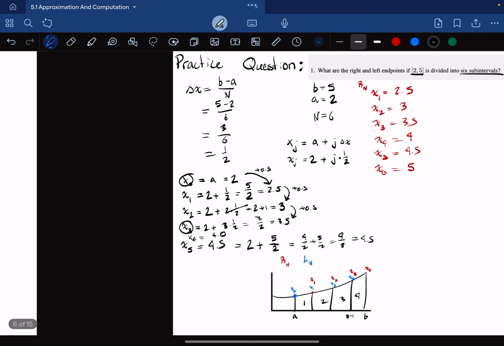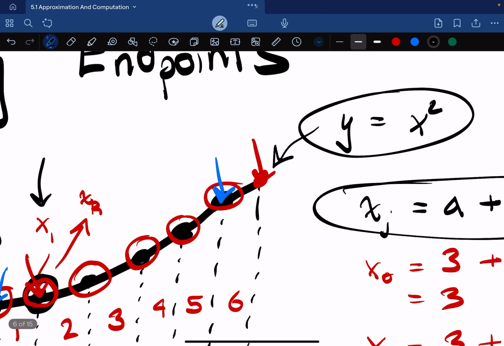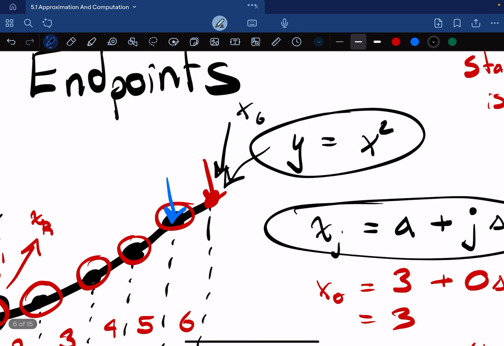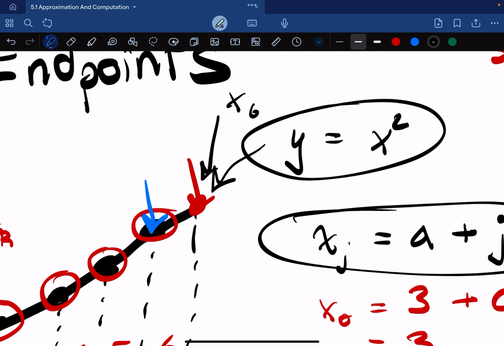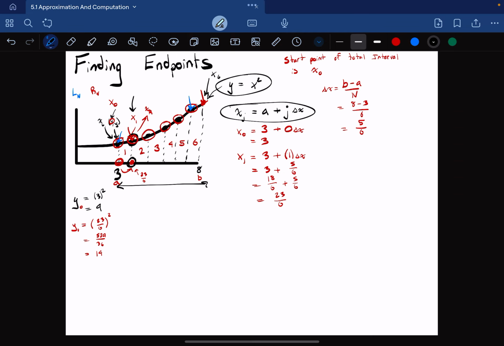Now, where does this j equals 1 to n come from? Well, remember how our very first right endpoint was x of 1, and we go all the way to the very last one, which in this case was x of 6. There were 6 rectangles.